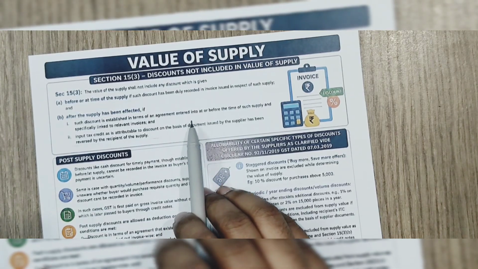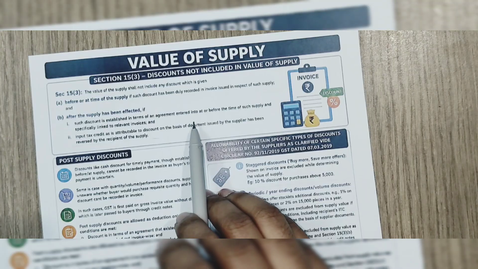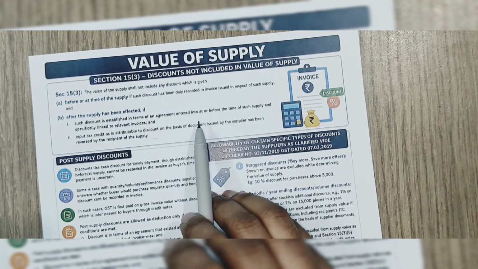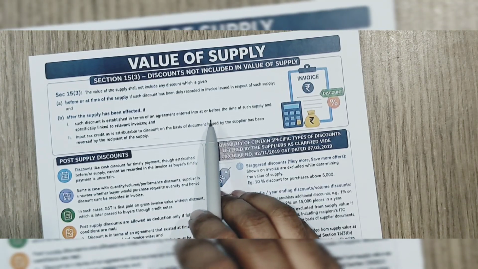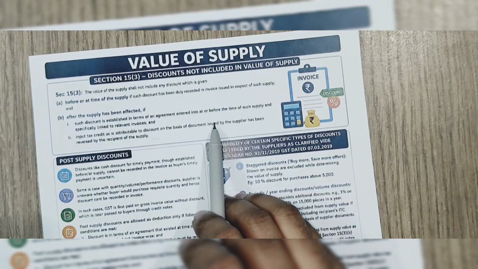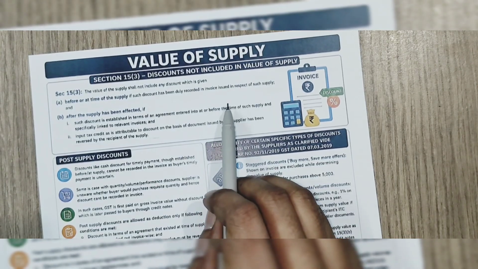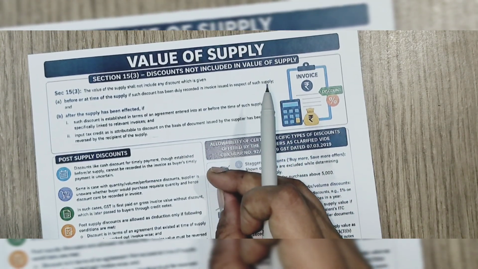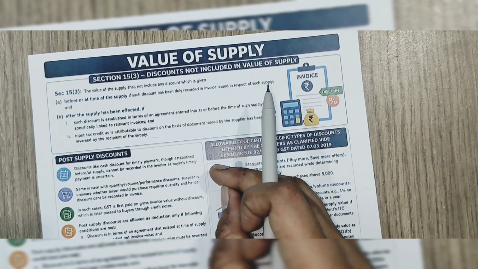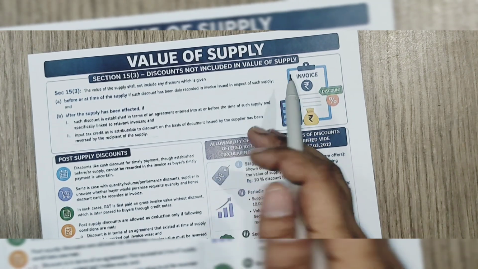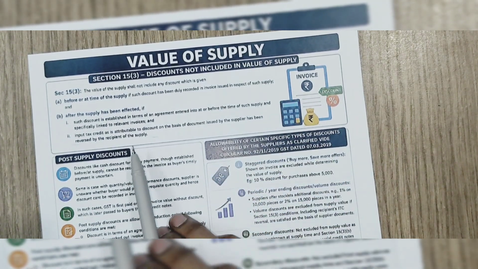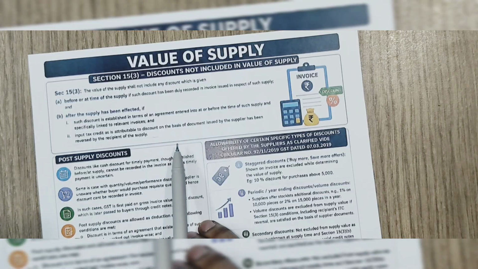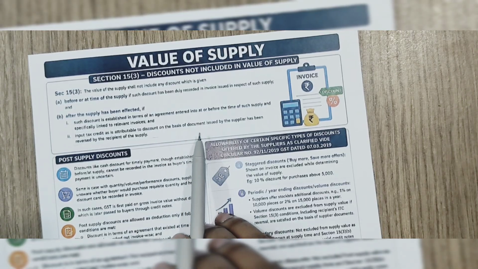And the discount should be calculated invoice wise. The discount should be calculated invoice wise. If you take a bulk invoice like B2B, then it will not be considered. Then the recipient should reverse the proportion of ITC.